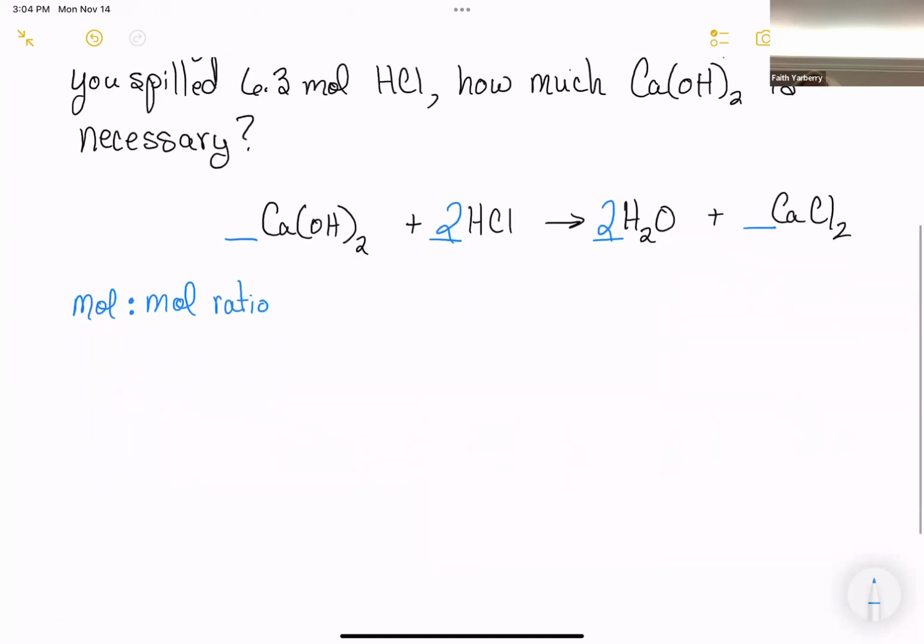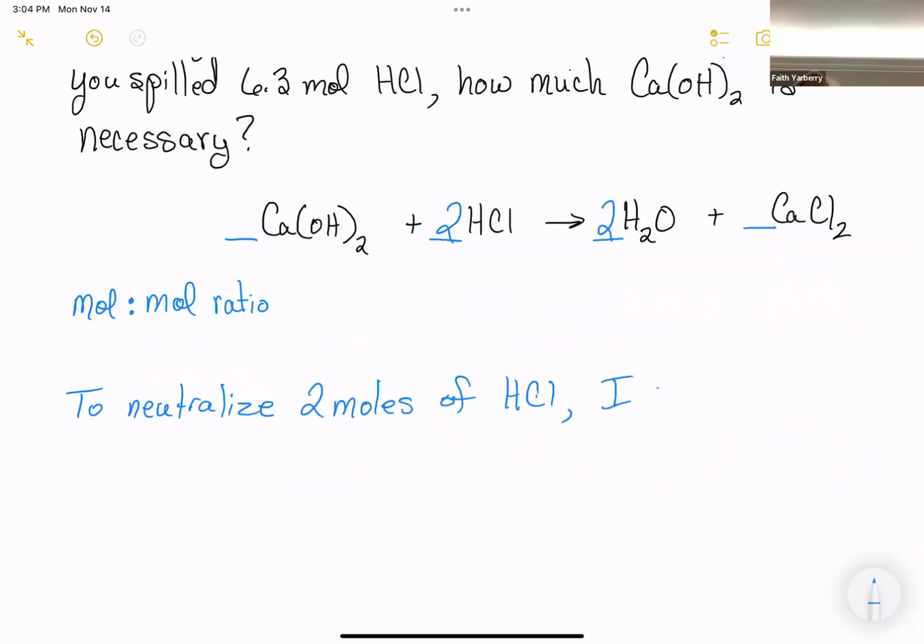This, folks, literally says to neutralize 2 moles of HCl, I need 1 mole of calcium hydroxide. Basically, if there's no coefficient, the 1 is implied.